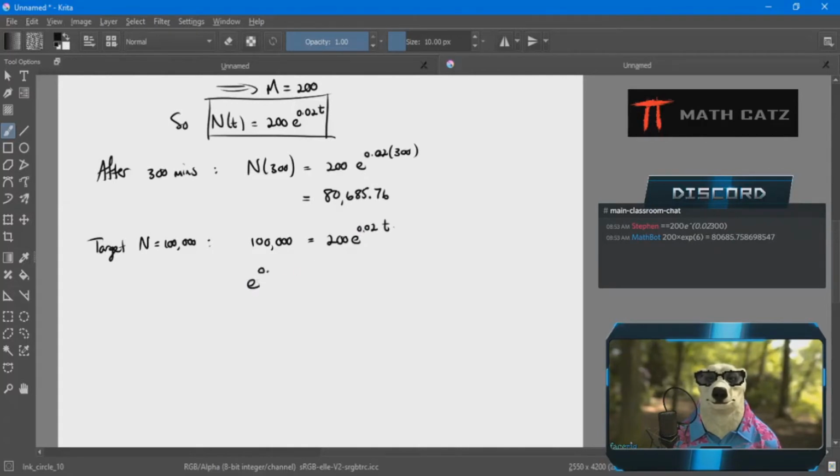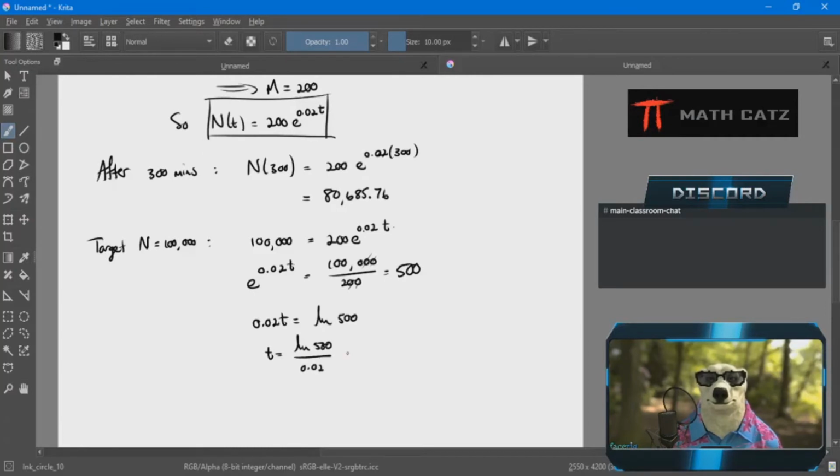So e to the 0.02t equals 100,000 over 200, which you can leave like that, or you can simplify it. In this case, it's going to be 500. So that means that 0.02t equals natural log of 500. So t equals the log of 500 over 0.02. Let's calculate that.